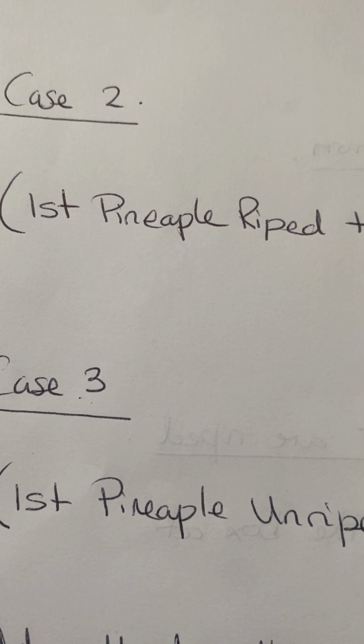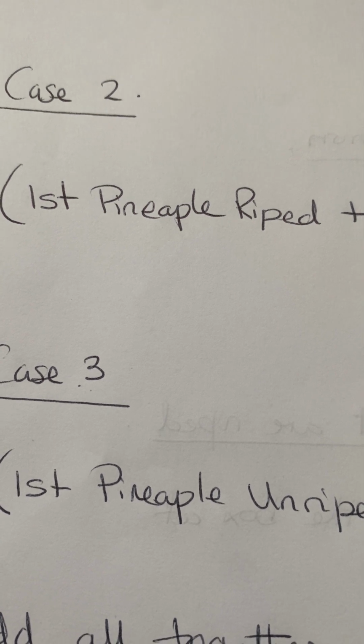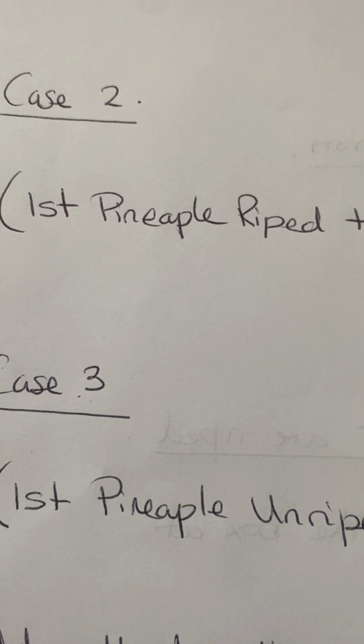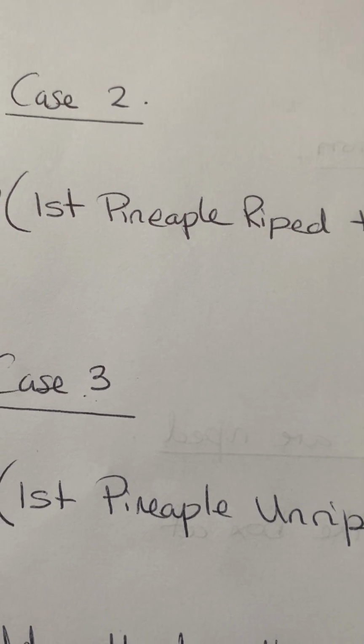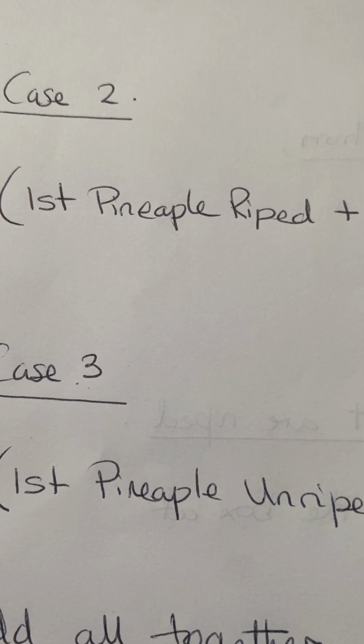The question is asking: what is the probability of picking at least one ripe? So in the 2 random picks, there should be 1 ripe.